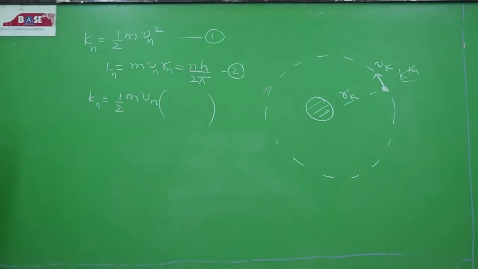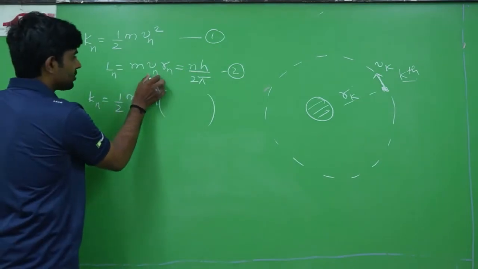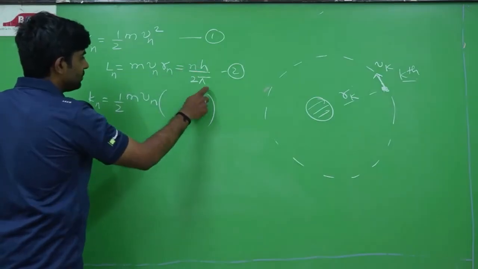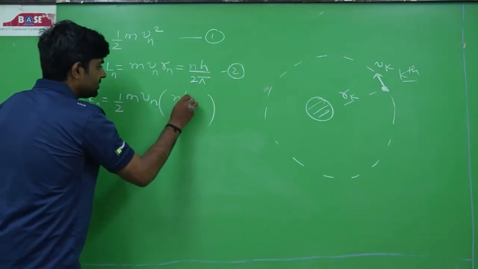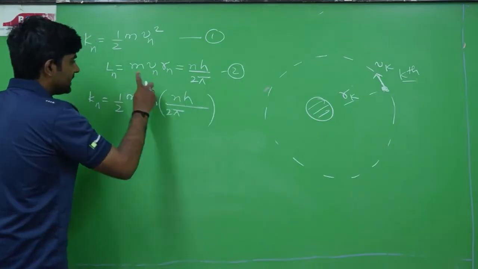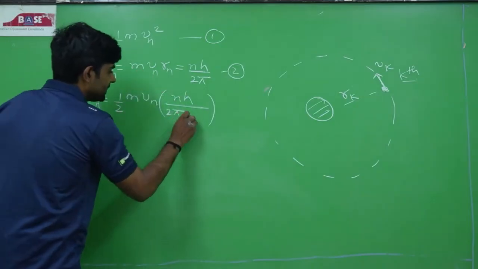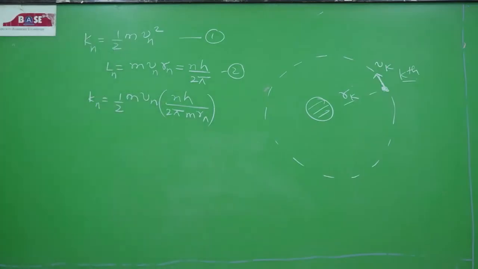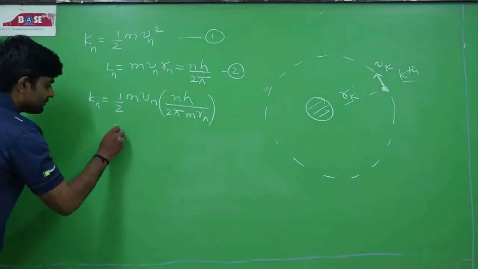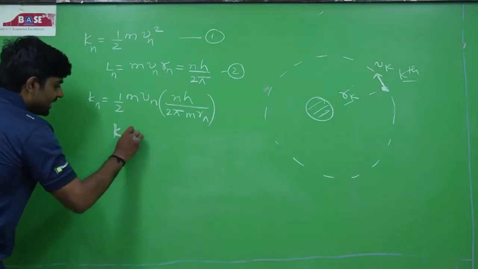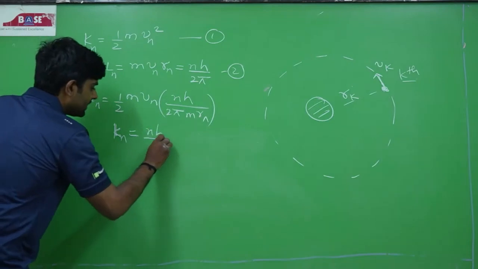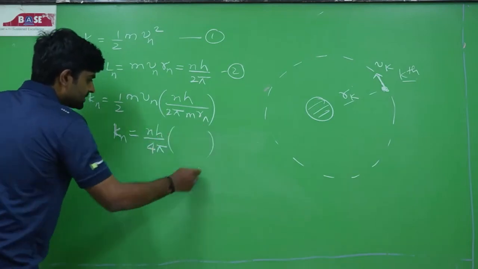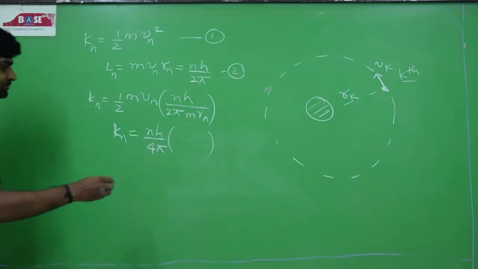We can write velocity in the nth orbit as nh by 2 pi divided by m times rn. This is the expression we have for kinetic energy. Let's simplify this. The kinetic energy in the nth orbit will be nh by 4 pi times vn by rn.